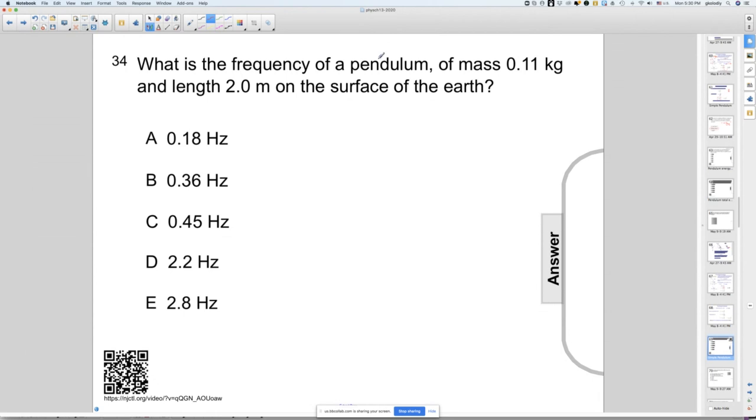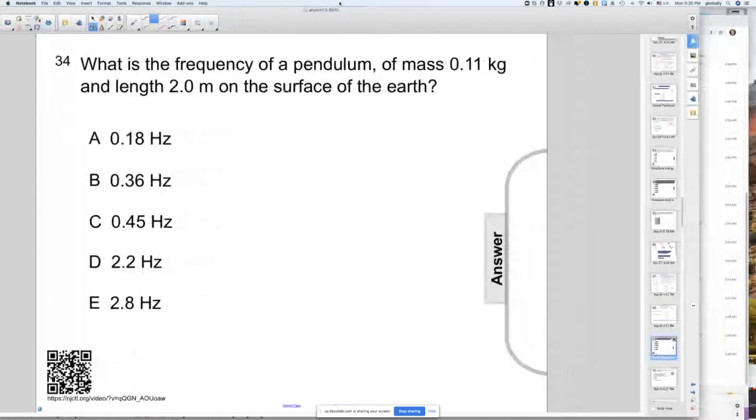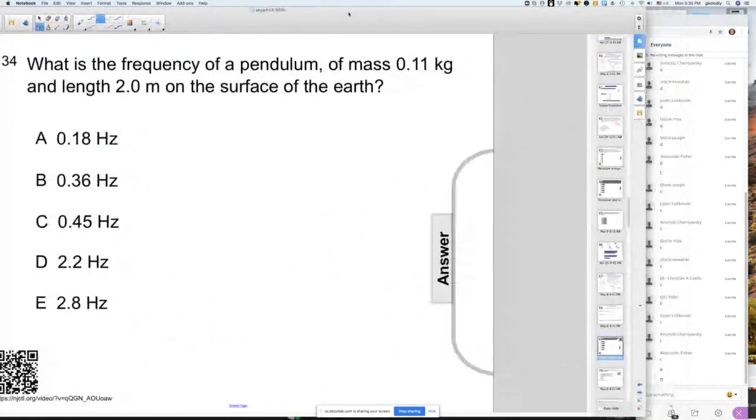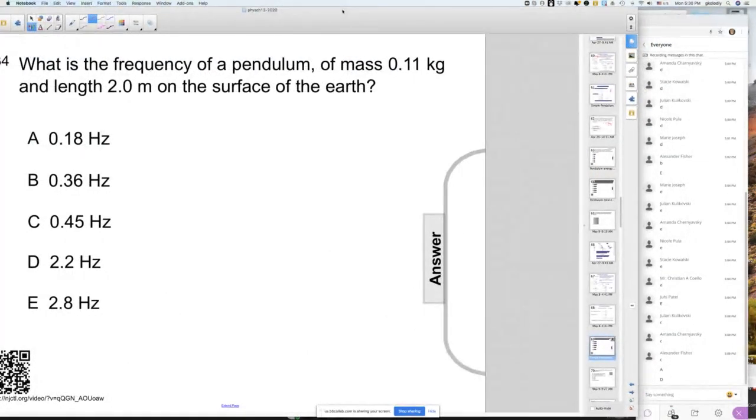So say we have a pendulum, and they ask for the frequency. Don't forget the equation we had for the period; you can turn it upside down for the frequency.